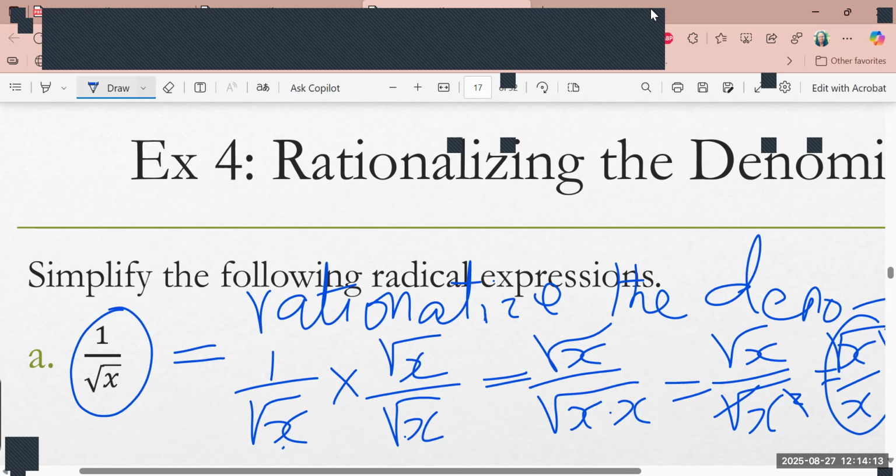So whenever you are told to simplify an expression that has a square root of any number in the denominator, it's your responsibility to know that you have to rationalize the denominator. They told you to simplify, but actually what it means is to rationalize the denominator.